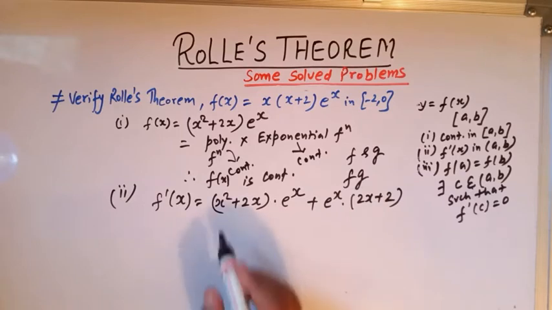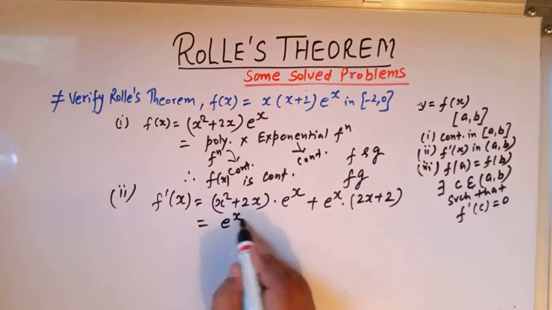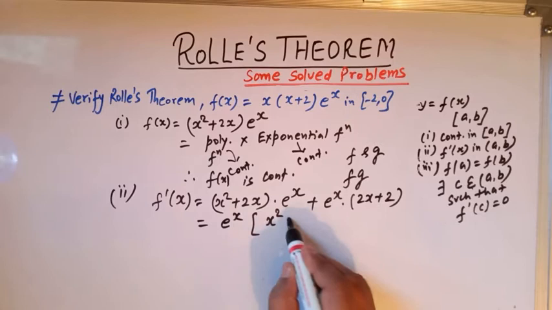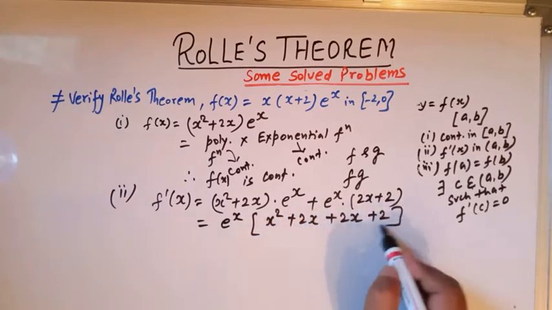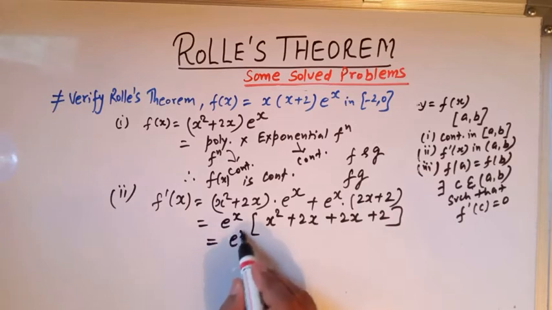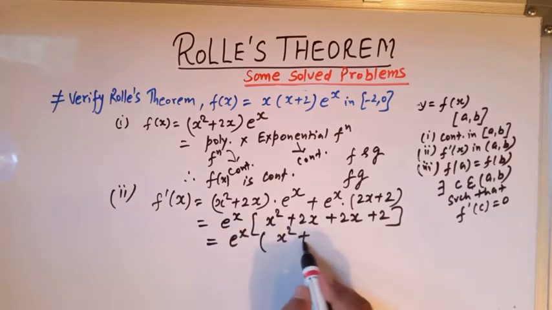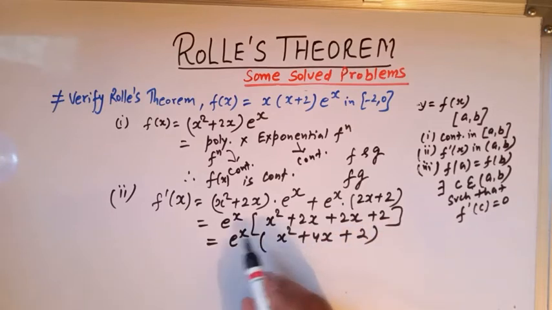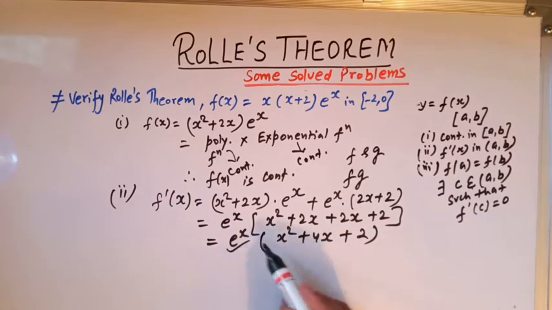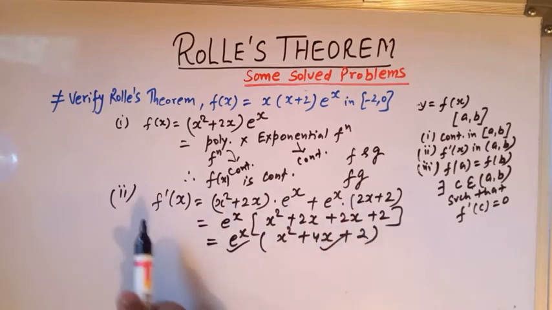Clear? Now if we take e^x common, we have x² + 2x + 2x + 2. Clear? So we can write e^x (x² + 4x + 2). Clear?